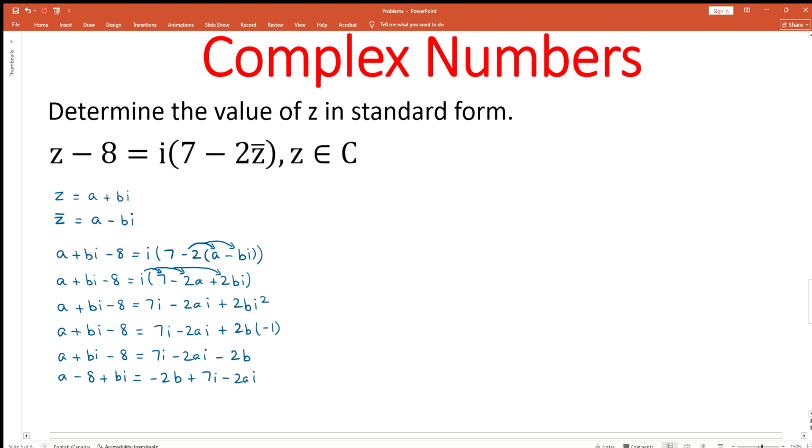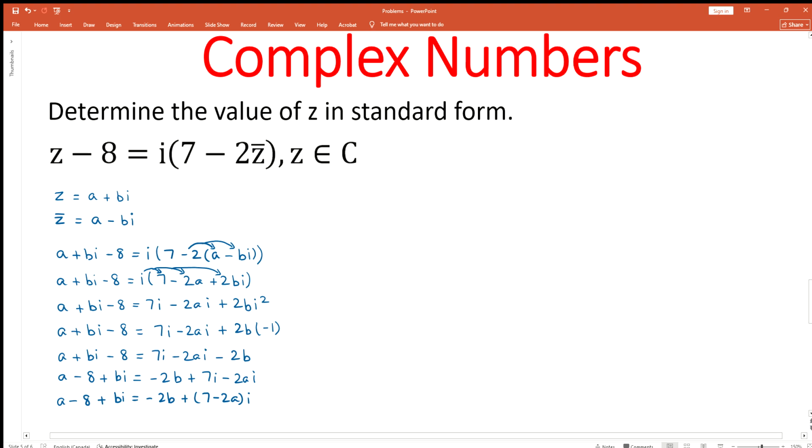Next, we can factor out i from the imaginary terms on the right side. Now we have the complex numbers in standard form.